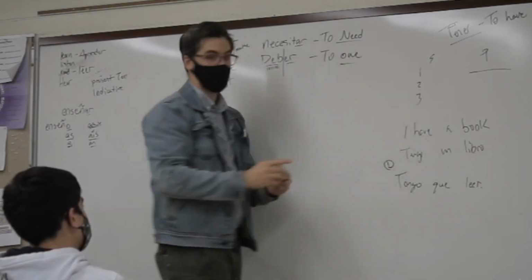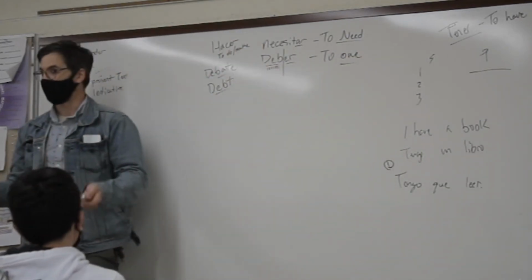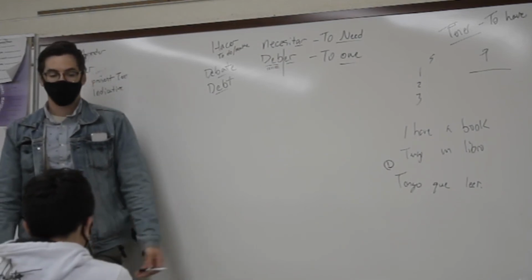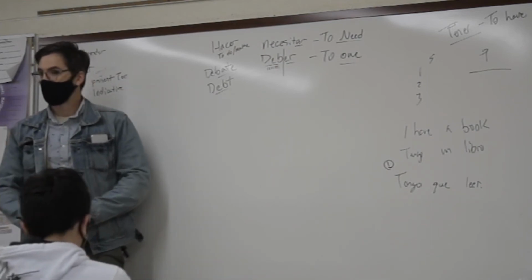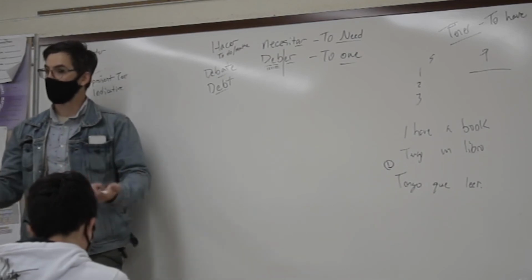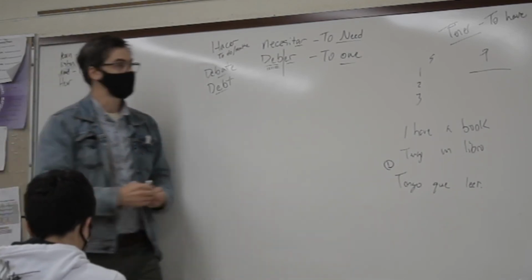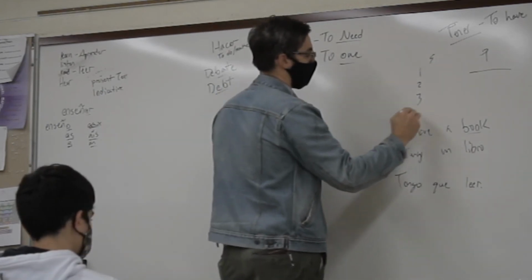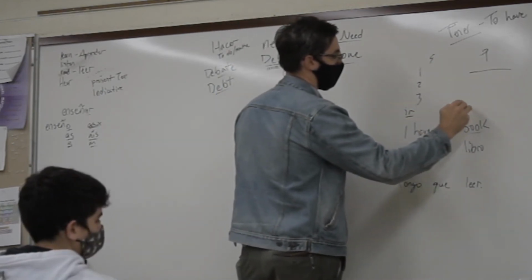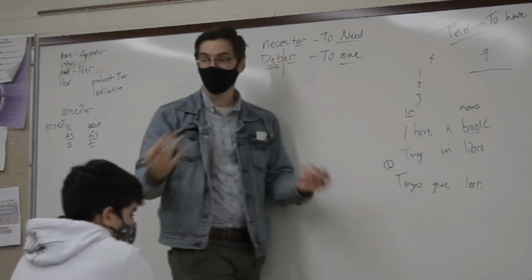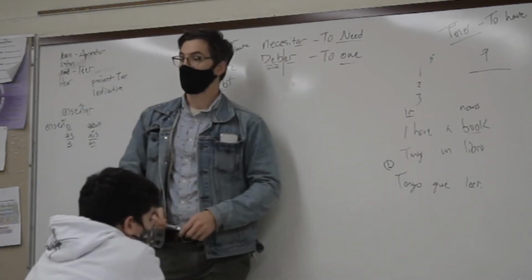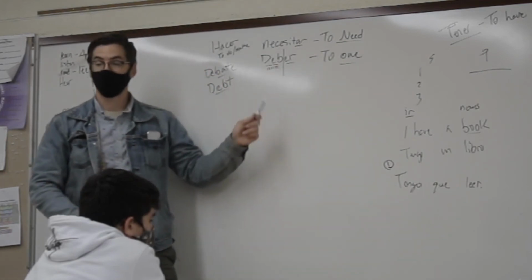So if you owe money, okay, if you owe somebody $5. But owing somebody something is a noun. Just like tener uses nouns, ir uses nouns. When you're going to a place, that's a noun. Deber means to owe when it's with a noun. But you can use deber with a verb.